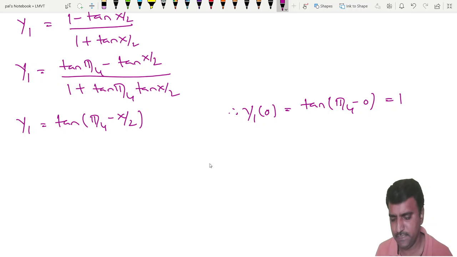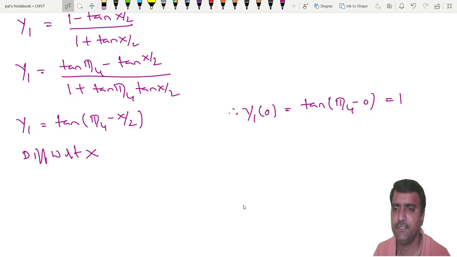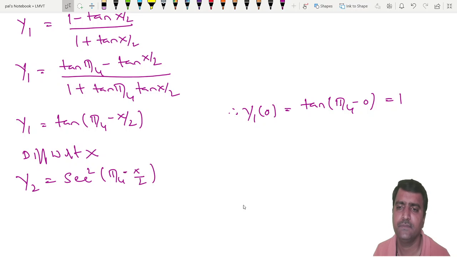So now you differentiate this y1 to get y2. So differentiating this with respect to x, differentiation of y1 is y2. Differentiation of tan theta is secant square theta. So it is secant square pi by 4 minus x by 2.